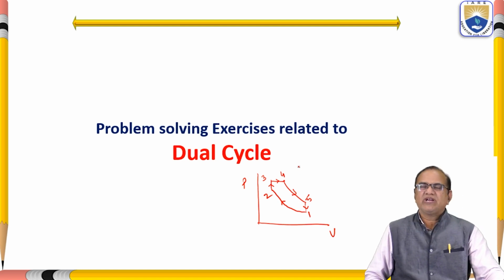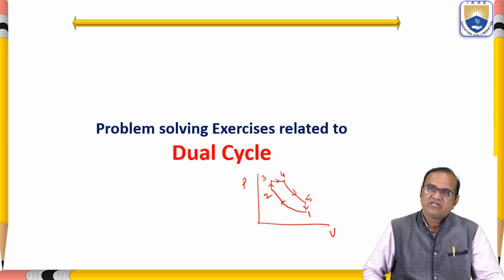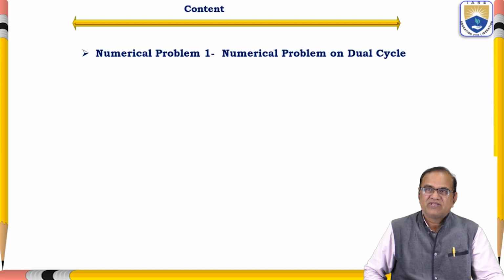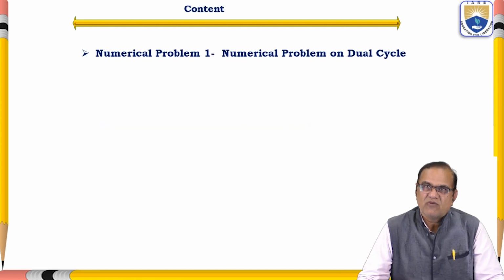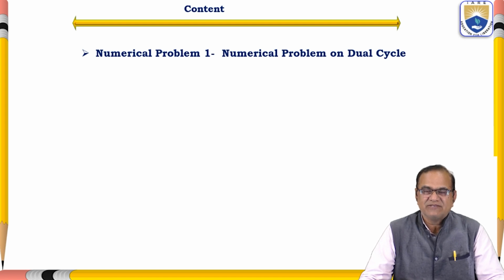Now today I am going to discuss the efficiency of this cycle, and how we can proceed ahead with this. So here we have one numerical, and this numerical is related to the dual cycle.